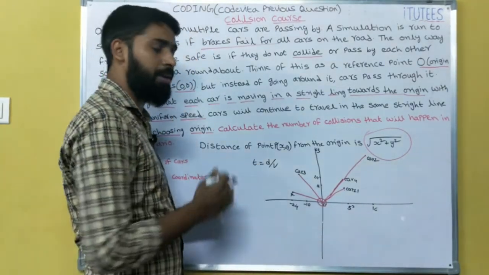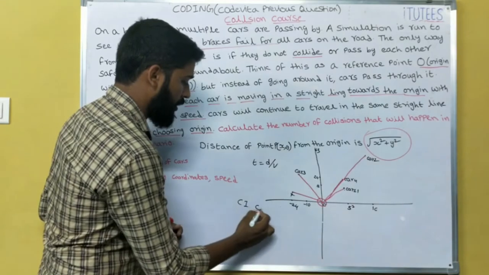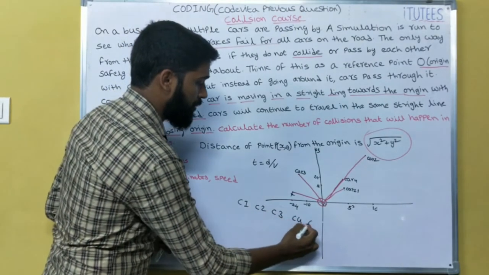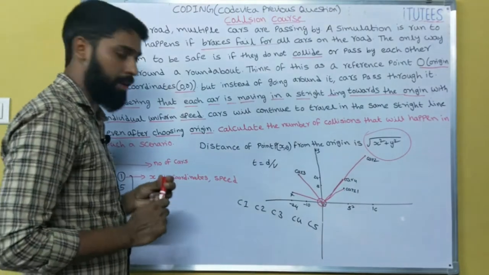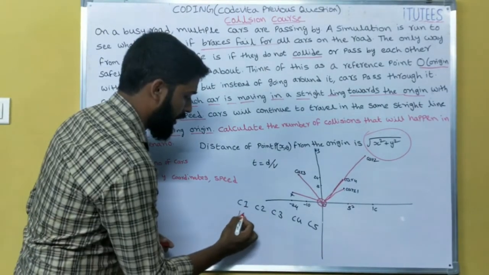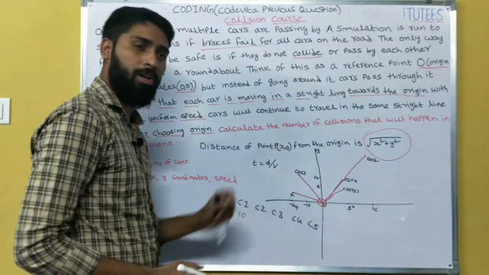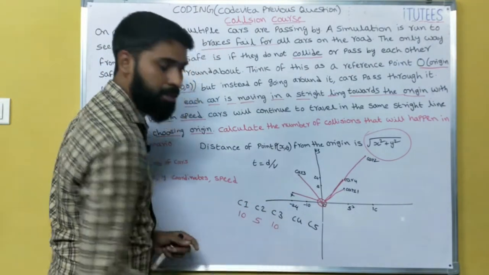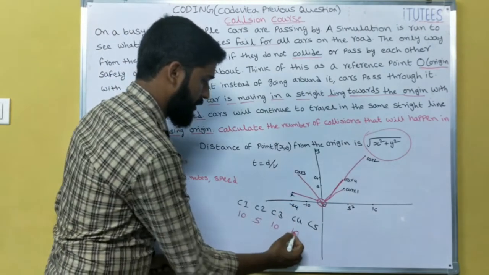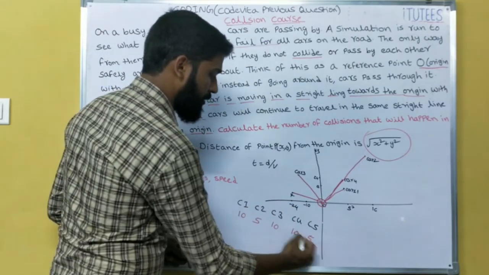If we get the same t value for the cars... So let us assume, these are not actual values, car 1 takes 10 minutes to reach the origin. Car 2 takes 5 minutes. Car 3 takes 10 minutes. Car 4 takes 10 minutes. Car 5 takes 5 minutes.